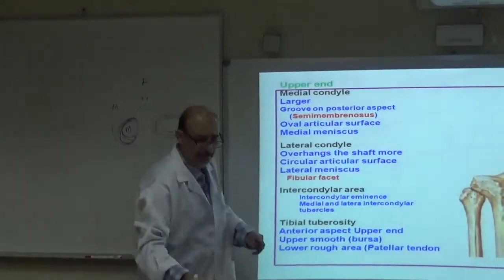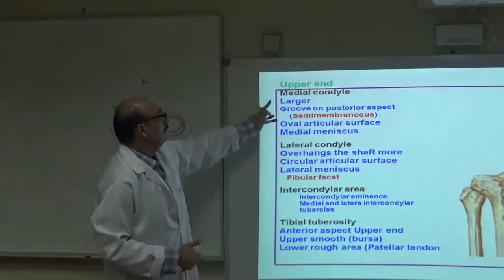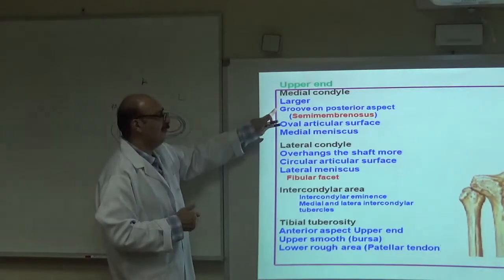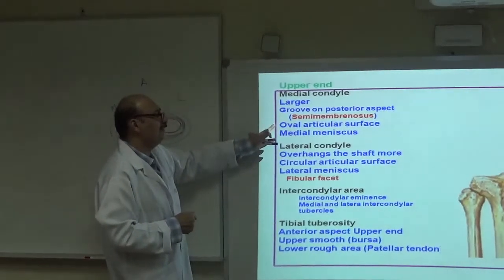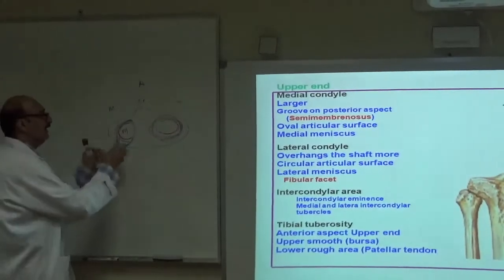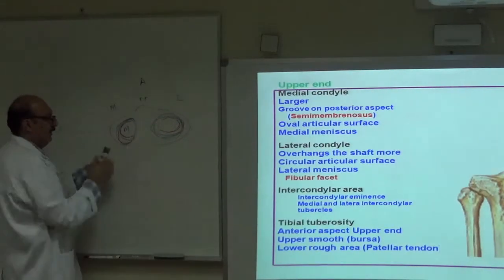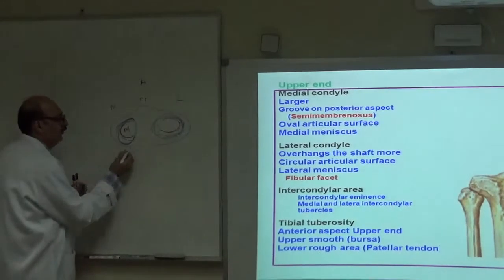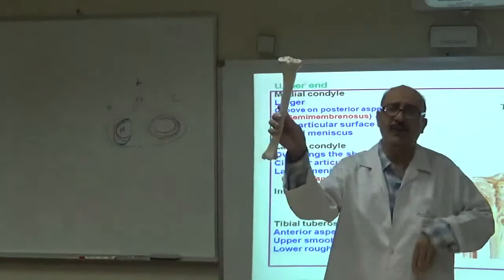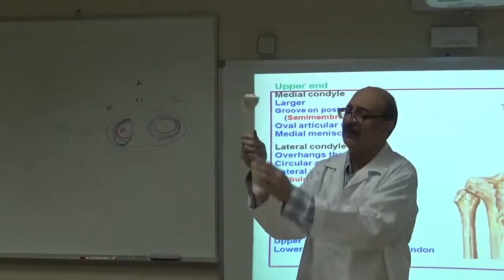So, medial condyle: larger, groove on the posterior aspect, oval articular surface, medial meniscus. The medial condyle is larger. If you see on the back of your bones which you have, here is the medial condyle.